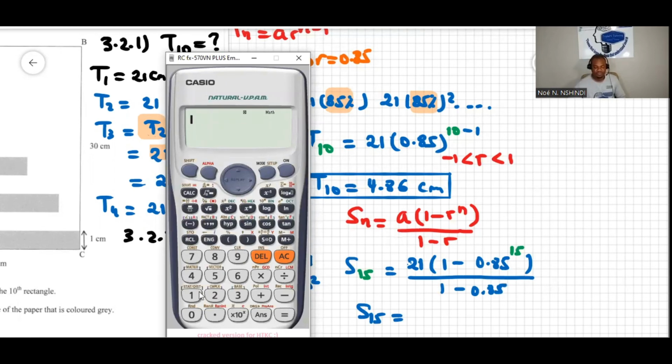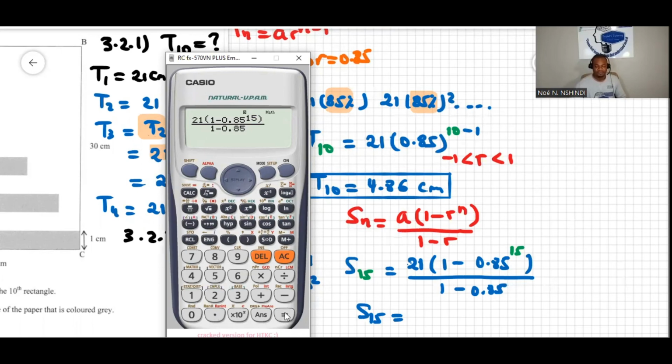Now, S15 would be equal to, I'm going to use my calculator now, then we sub in 21, open brackets, 1 minus 0.85 to the power of 15. We close the bracket, all over 1 minus 0.85.